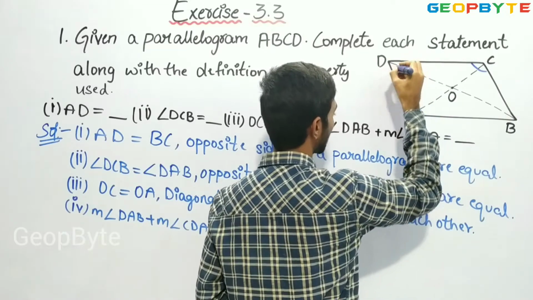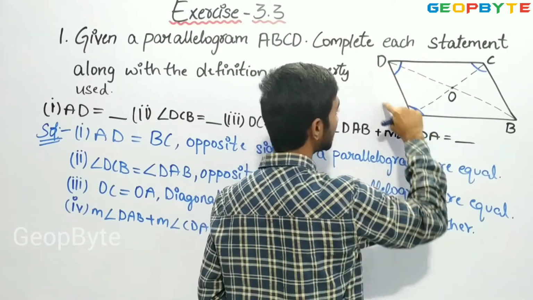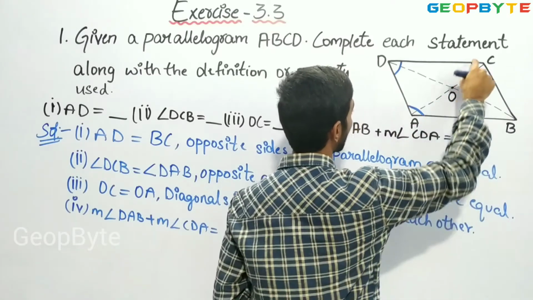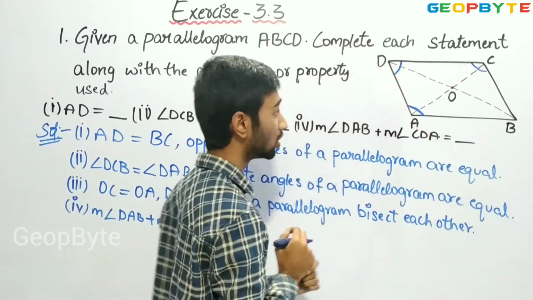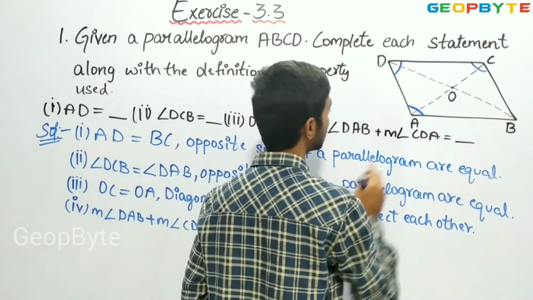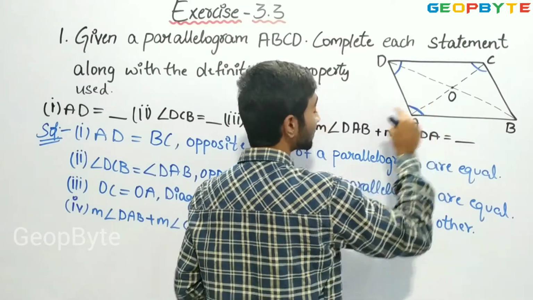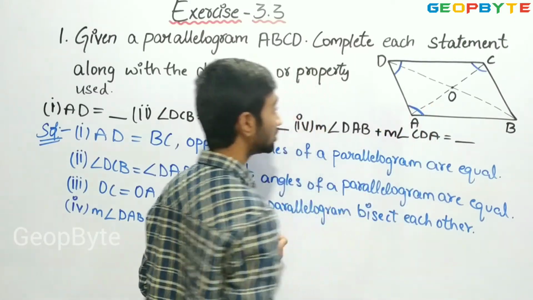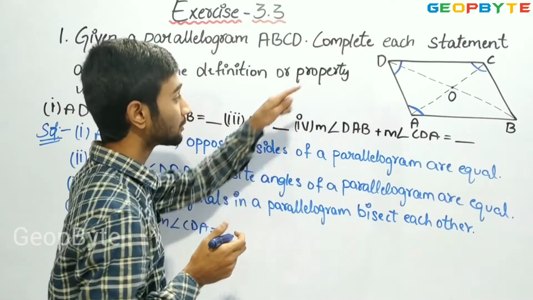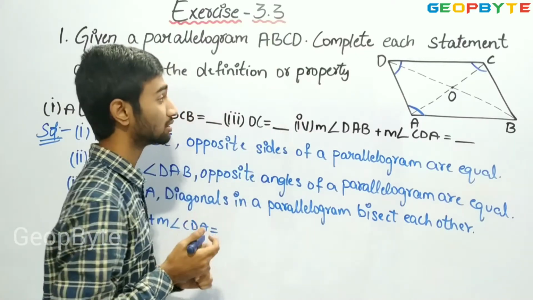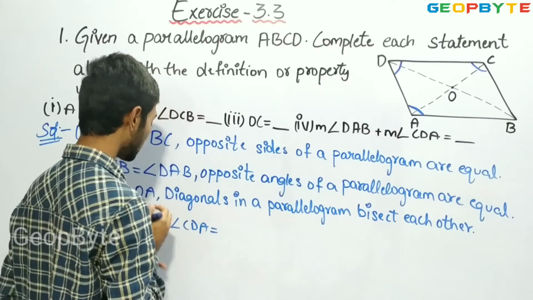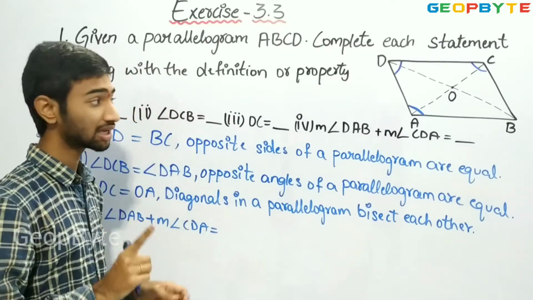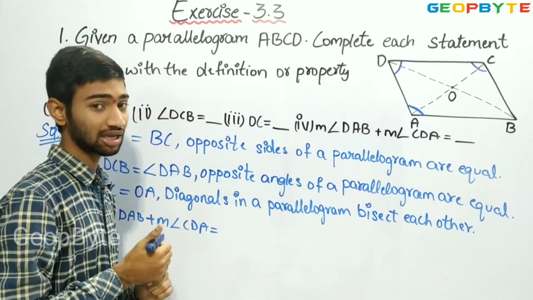So, this angle. So, angle DAB plus angle CDA is equal to what? So, here we know that these two are adjacent angles. We know that in a parallelogram, adjacent angles are supplementary. That is, if we add two adjacent angles, we will get a supplementary angle.